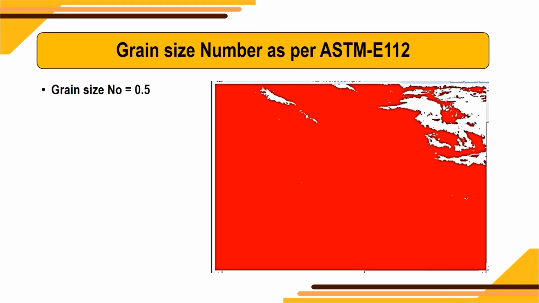So similarly, we can calculate the grain size number. This is as per ASTM E112. So as you can see how we can measure this on a SEM, and then using ASTM B276 and ASTM E112, the porosity and grain size number are calculated.